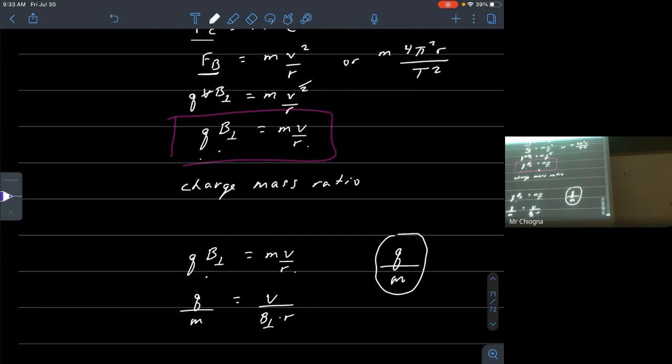That's the charge mass ratio. Now that's the equation you use when a charge travels through a magnetic field. It relates its speed to the magnetic field and the radius of the circle.